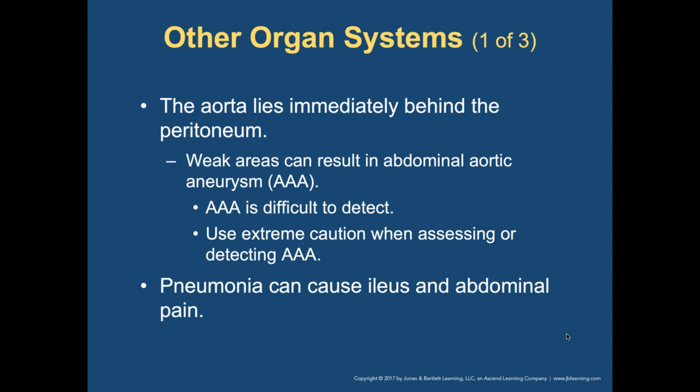So the aorta lies immediately behind the peritoneum. Weak areas can result in an abdominal aortic aneurysm, which is a AAA. A AAA is difficult to dissect, but it's not impossible. When you mess with a AAA, you be very, very cautious with this patient.